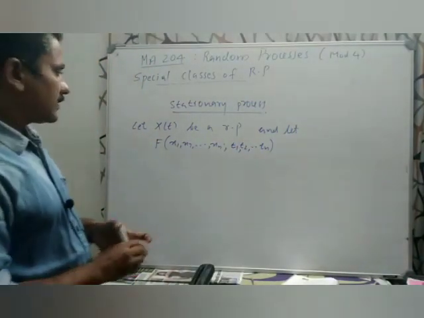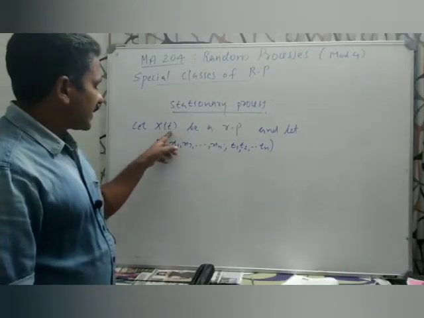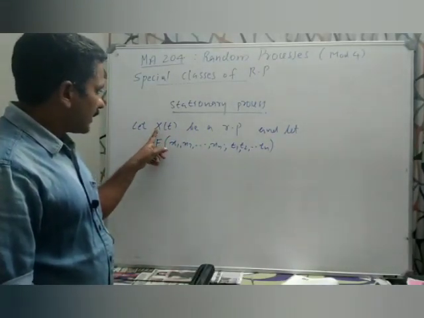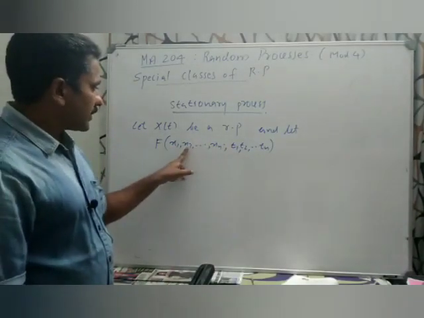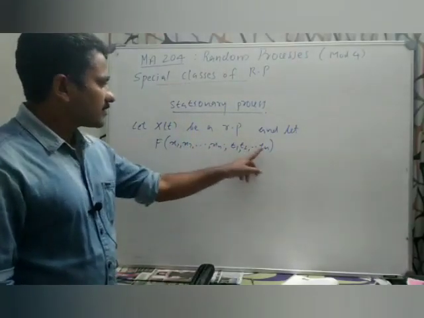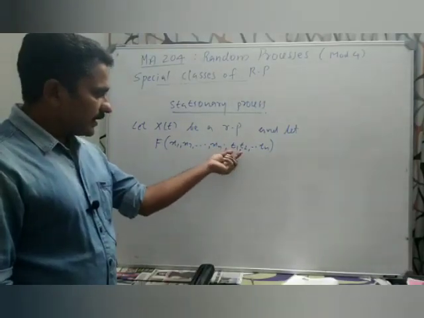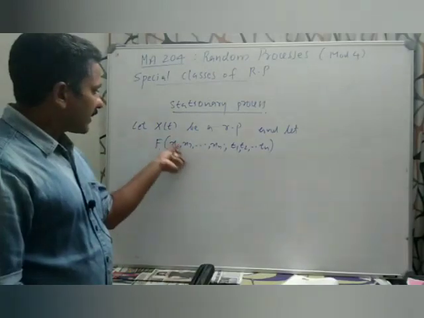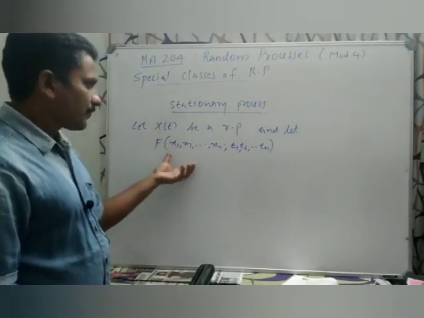This represents the probability that x of t1 is equal to x1, x of t2 is equal to x2, x of t3 is equal to x3, etc., x of tn is equal to xn. That means at each ti, the probability that x of ti is equal to xi, and this is a joint distribution.